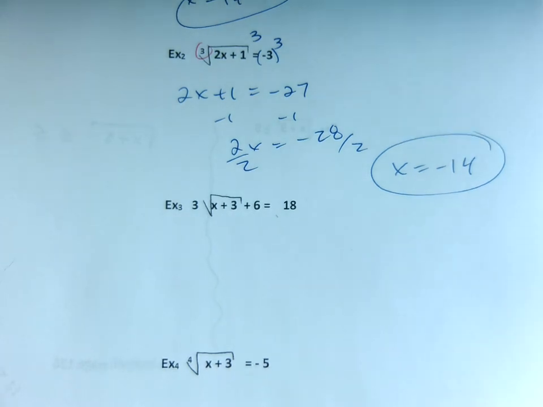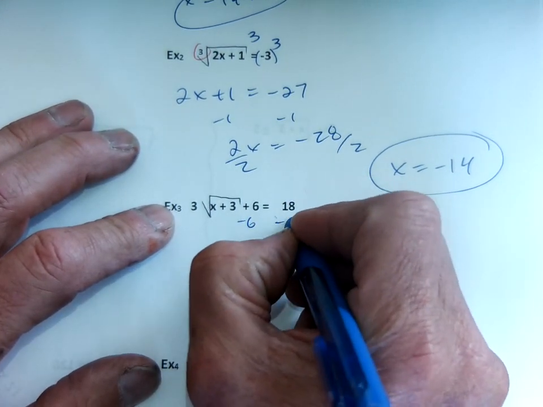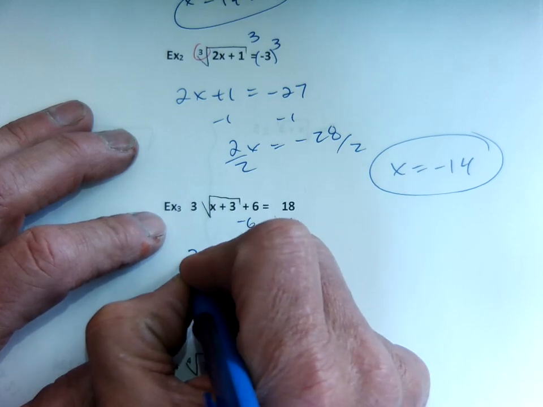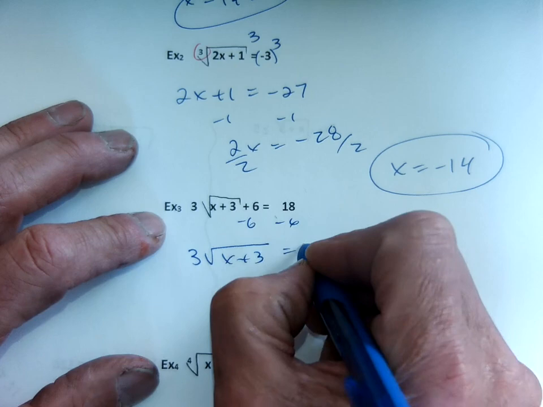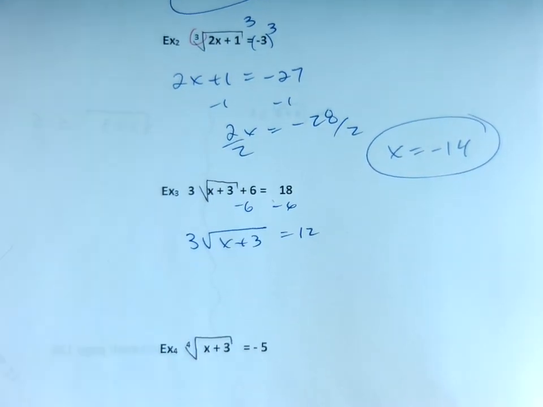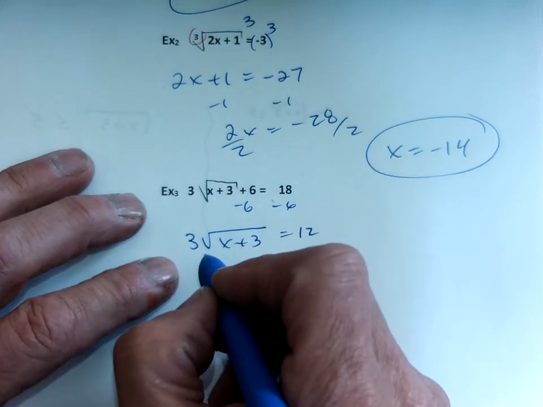Okay, example 3. Oh, sorry, you guys. Example 3 has a lot of extra numbers around it, so let's tidy it up by getting rid of the extra numbers. I'm going to go -6 first. 3 times the square root of x plus 3 equals 12. Again, let's tidy it up by getting rid of the extra numbers, so I'll divide by 3.